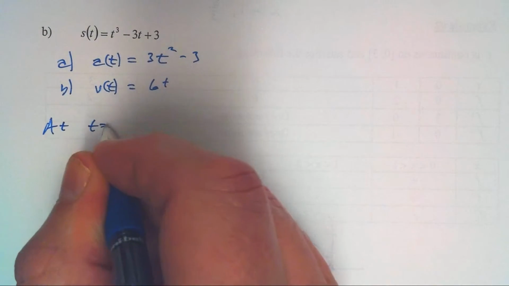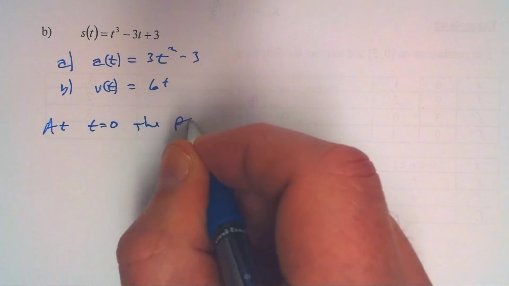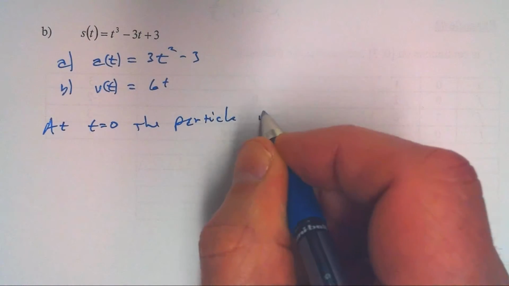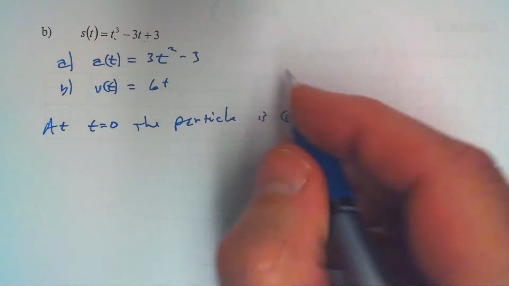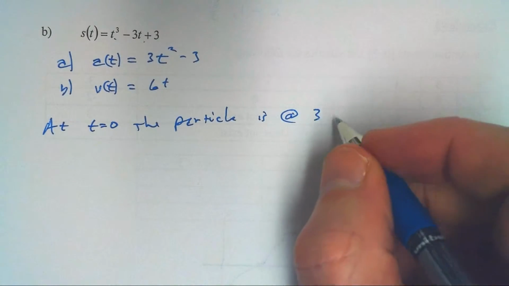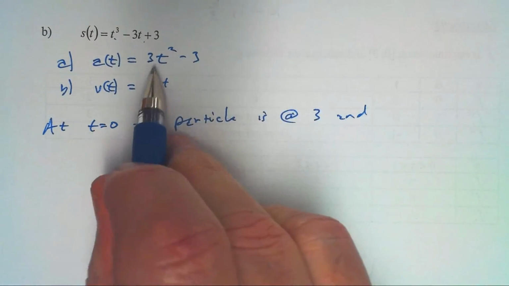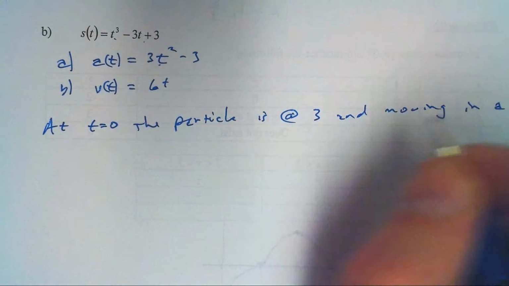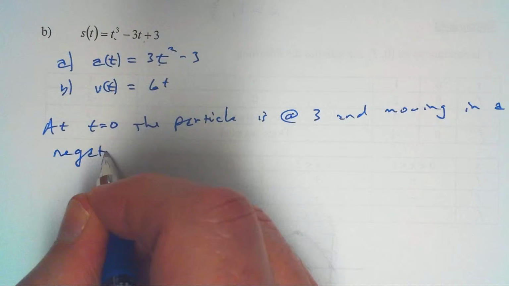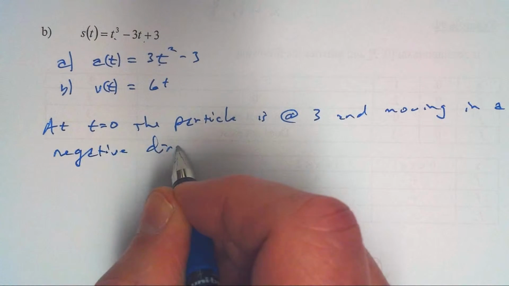So at t equals 0, the particle is at, that was really lazy, is at, put in 0, is at 3, and at t equals 0 and moving in a negative direction.